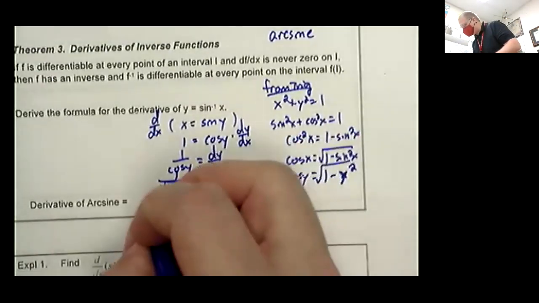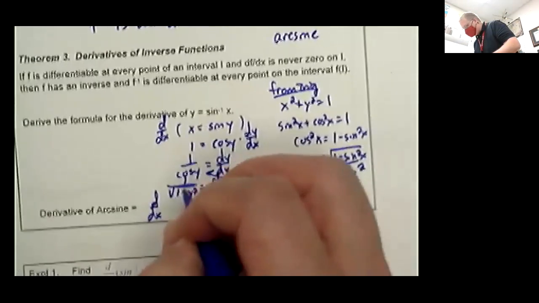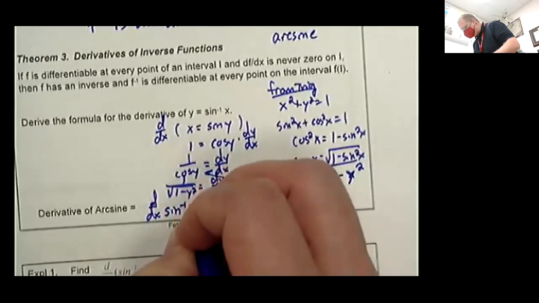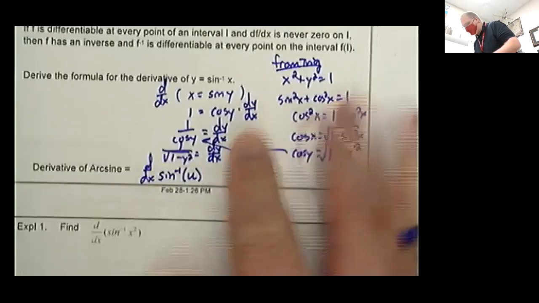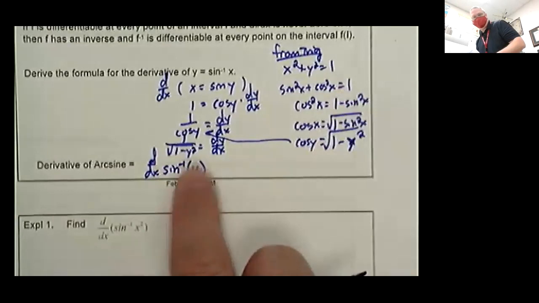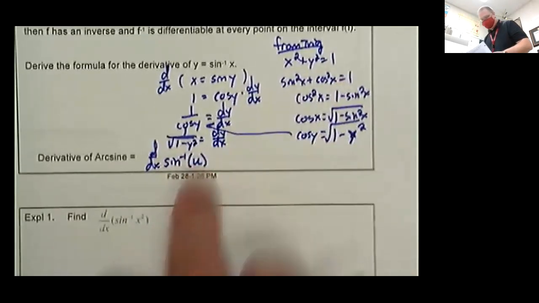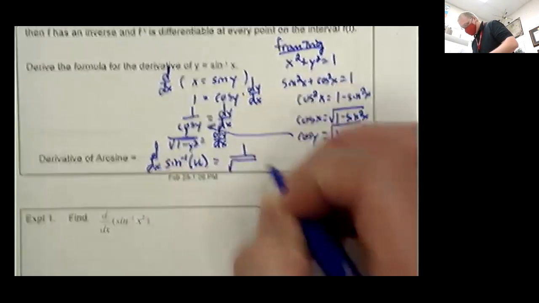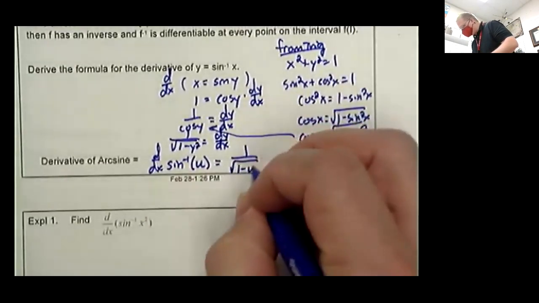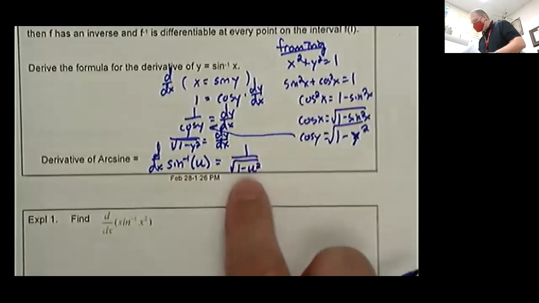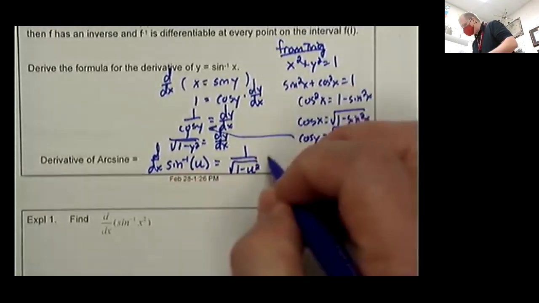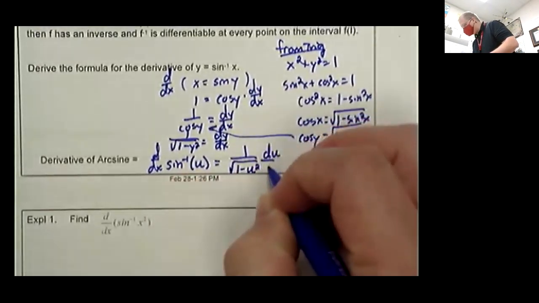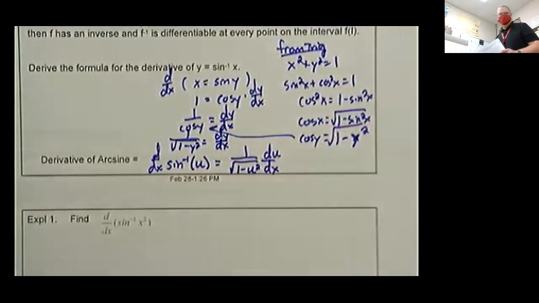Here's our derivative: d/dx of the arc sine of u, so we can build in the chain rule, is equal to 1 over the square root of 1 minus u squared, and then whatever that u argument is, we have to take the derivative of it as well, using our chain rule, du/dx. So there's the derivative for arc sine.